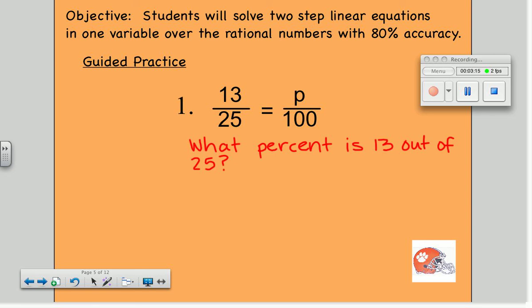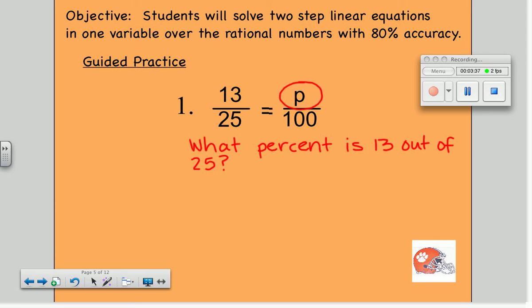And the way we solve these proportional problems or percent problems is using cross multiplication. I know you guys want to use cross multiplication every time you see a fraction, but really the only time we use cross multiplication is when we have a variable that we're solving for. So I'm trying to solve for P.